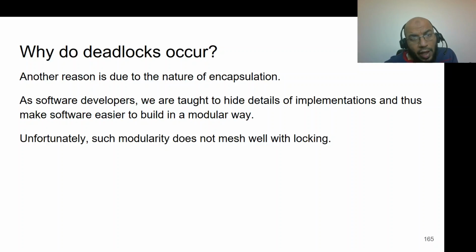Another reason that you get deadlocks is the nature of encapsulation, where we are actually taught not to share our code or to hide details of implementation and provide an interface which makes it easier for others to import the library, import some code that you have, and reuse it, because they're just going to use your interface, your REST interface, or your API that you're providing them.